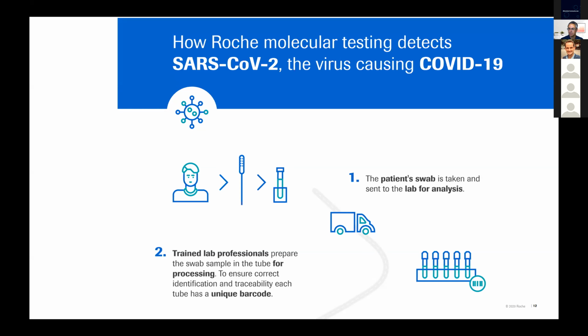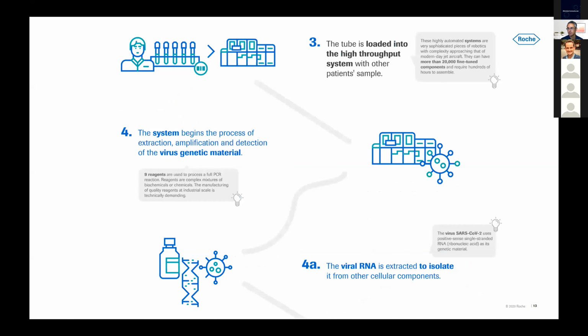So really how it progresses is you get a swab, it's taken to a lab for analysis. There's lab professionals, they prepare the swab, they process it, they get it ready to be processed on one of our instruments. It's then loaded onto one of our instruments.